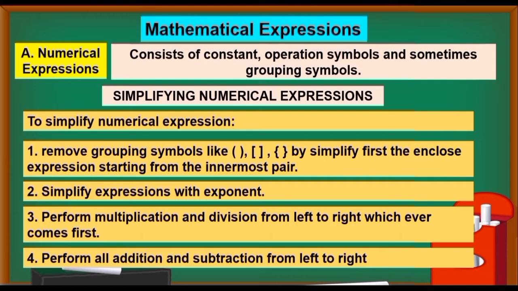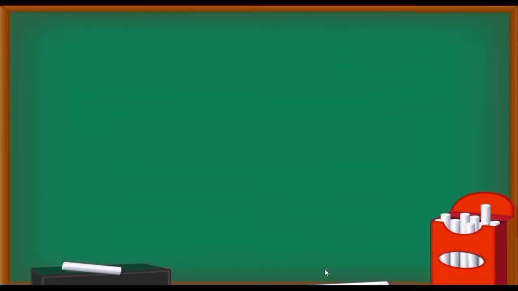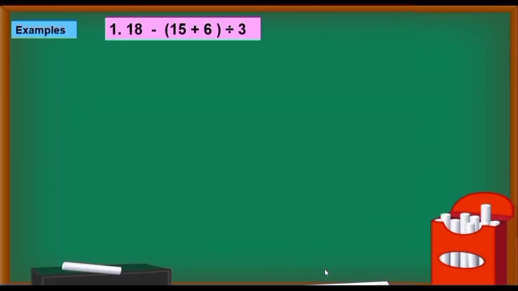Basta tandaan natin, ang pagsasagot po natin ay mula sa kaliwa papunta sa kanan, ano man po ang mauna sa kanilang dalawa. Ganun din po ang ating addition and subtraction. So, kung ano man po ang mauna, mula sa kaliwa papunta sa kanan. Tandaan natin, PEMDAS.